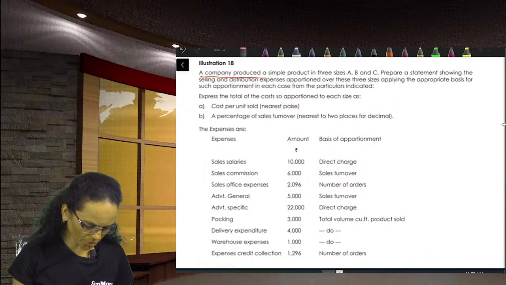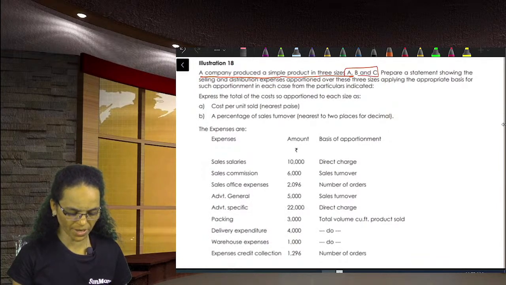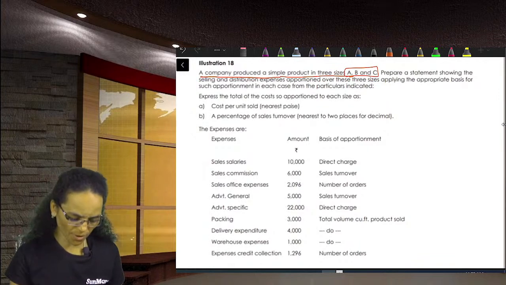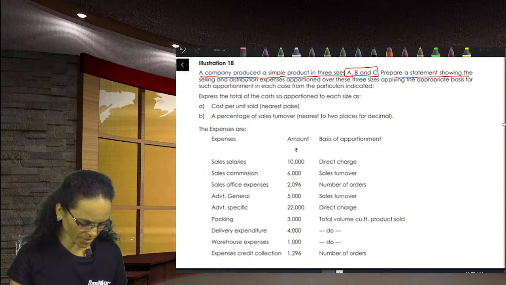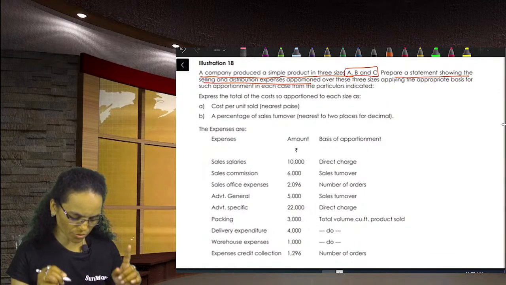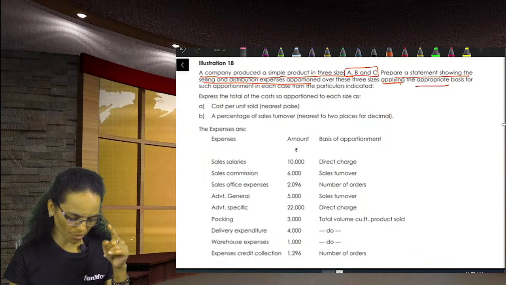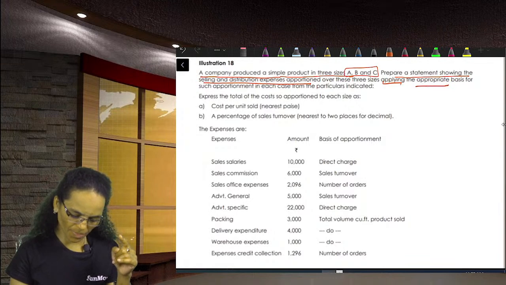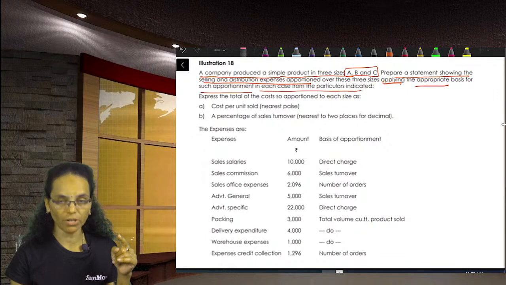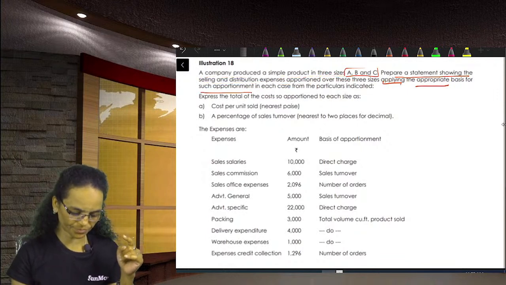A company produced a single product in three sizes A, B and C. Prepare a statement showing the selling and distribution expenses apportioned over these three sizes, applying the appropriate basis for such apportionment in each case from the particulars indicated.